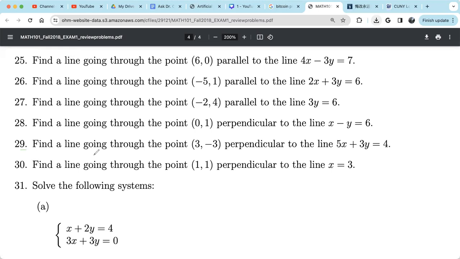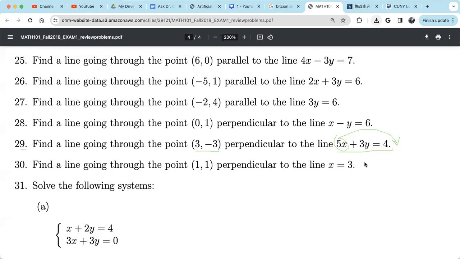For 29, we want to find a line going through the point (3, negative 3), perpendicular to this one, right? So we need to find the slope from this one again. We'll just move 5x to the other side, it becomes negative 5x, then divide by 3.